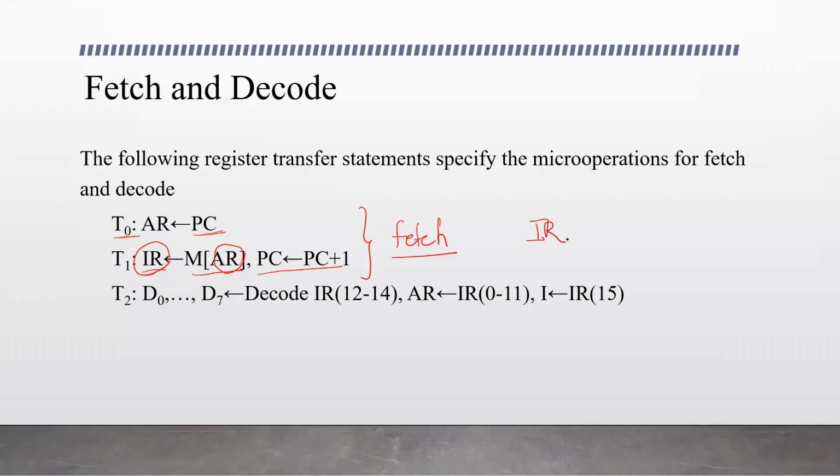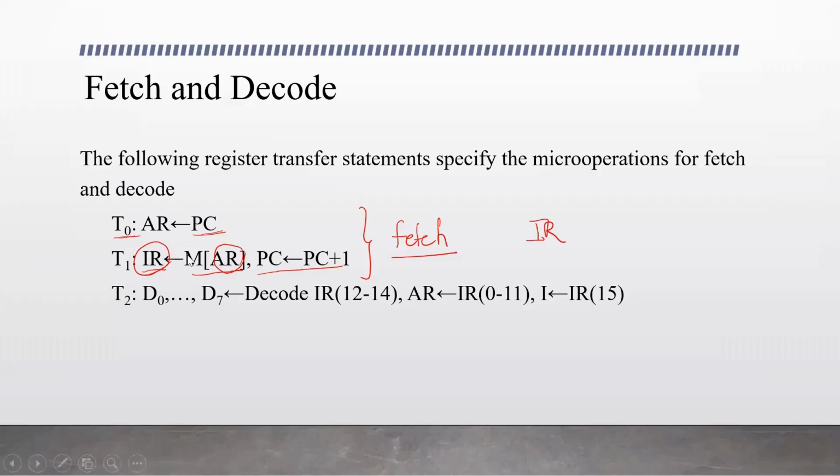We take the address from PC into AR, and from memory address AR, transfer the instruction into register IR. IR will have the instruction and PC is incremented because it has to point to the next instruction.